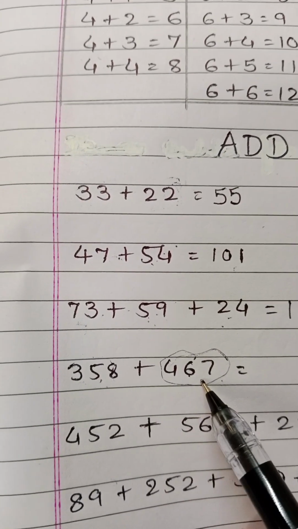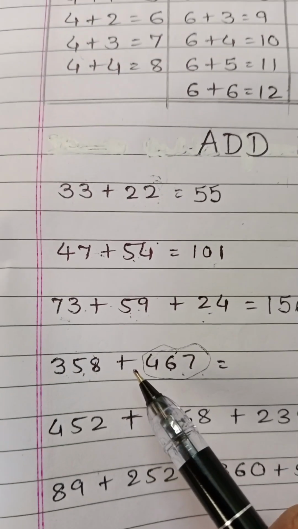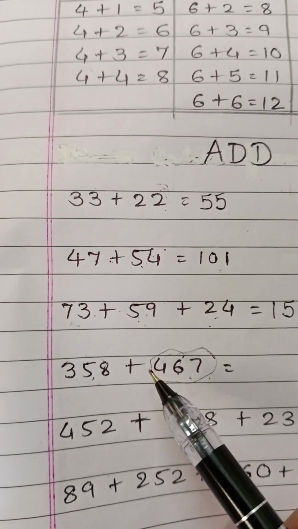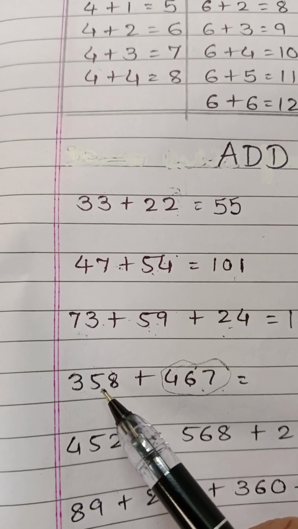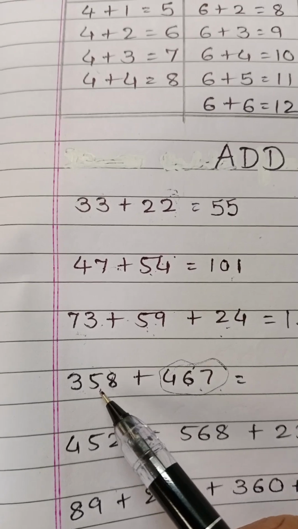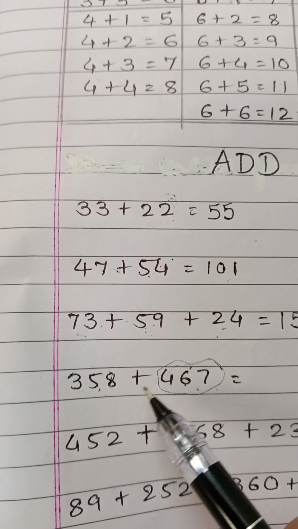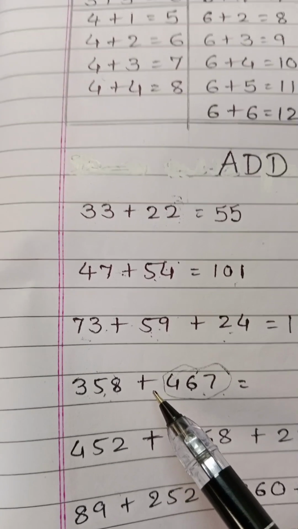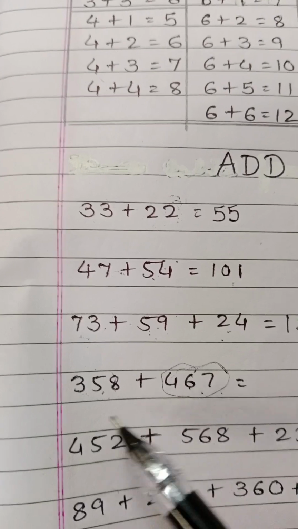Here 50 plus 60. If you add in your mind, 50 plus 50 is 100 plus 10. That will be 110. So 700 plus 110 will make 700 plus 100, 800, 810.